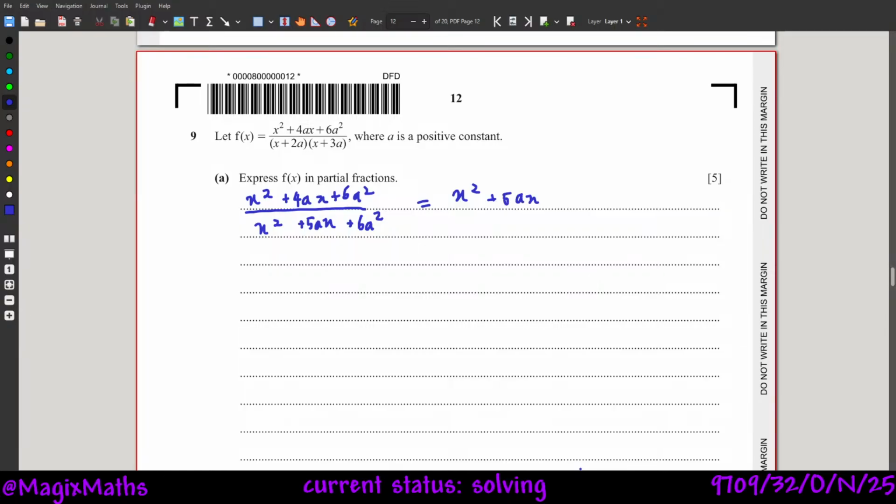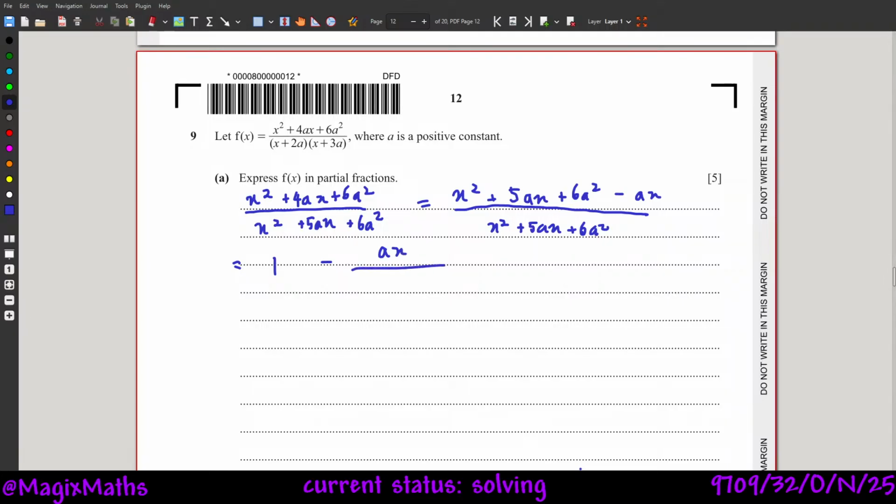We want to make it equal, right? But it's missing one ax. So we just add one ax and then remove it again. So then we'll have this. And then we'll have 1 minus ax over x squared plus 5ax plus 6a squared.